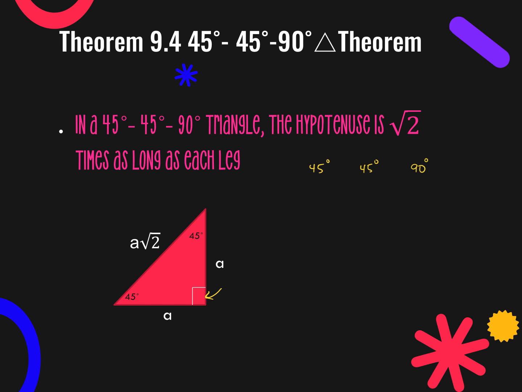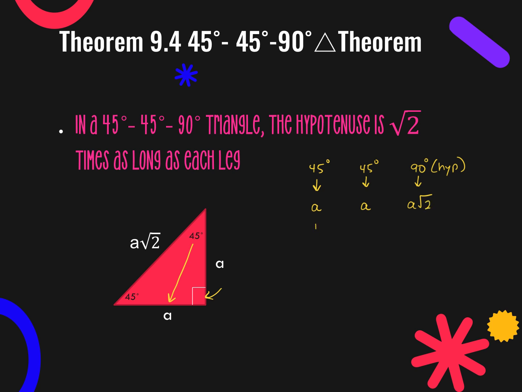So if you have angles 45, 45, 90, we have a very specific ratio of those side lengths to each other. The side opposite the 45 is going to be A. The side opposite the other 45 is also going to have a length of A. And the side opposite the 90, the hypotenuse, is going to have a side length of A times the square root of 2.